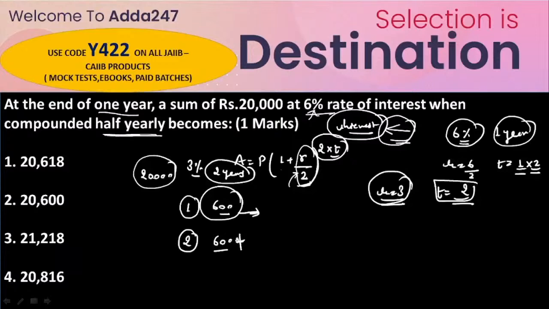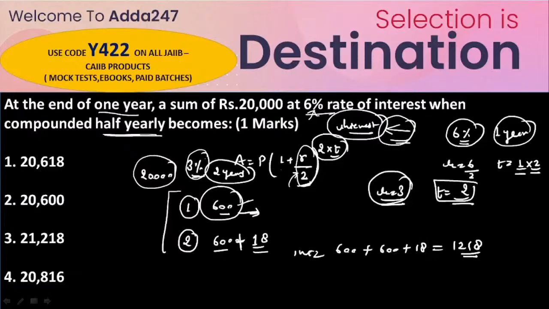And now the 3% rate of interest again applies on this 600, so this will be equal to 18 rupees. Now you only have to sum this up and you will get the answer. So the interest would be 600 plus 600 plus 18, that would be equal to 1218.